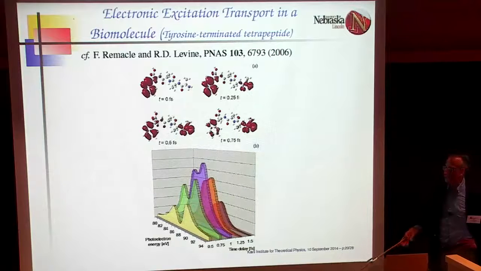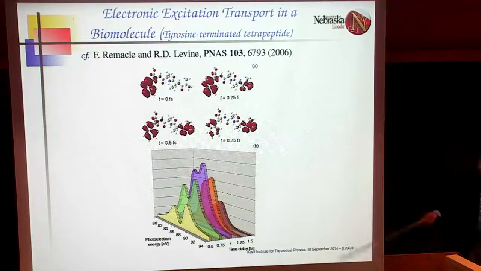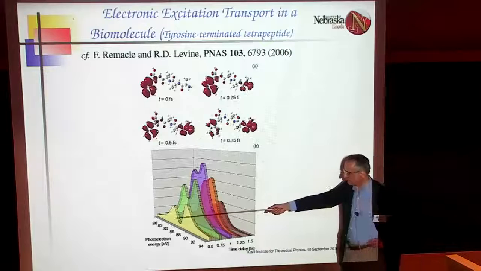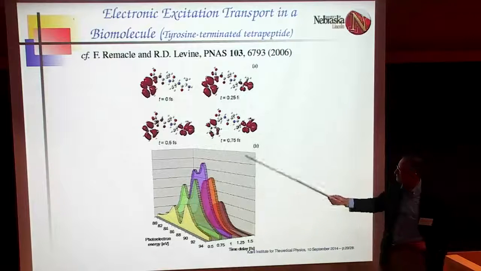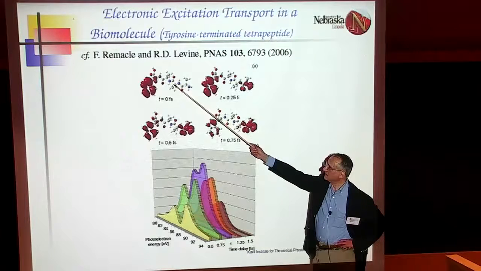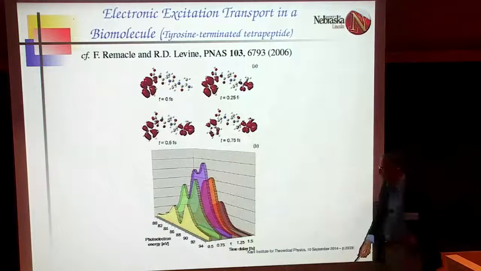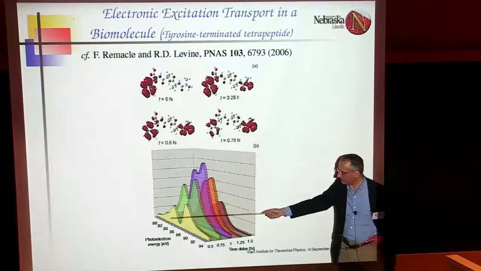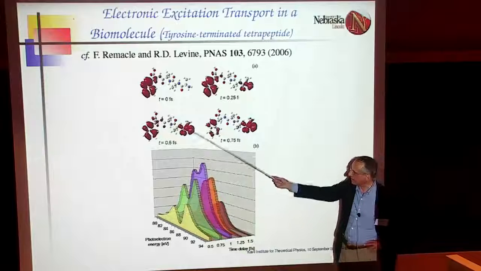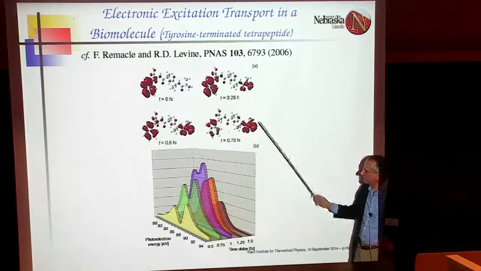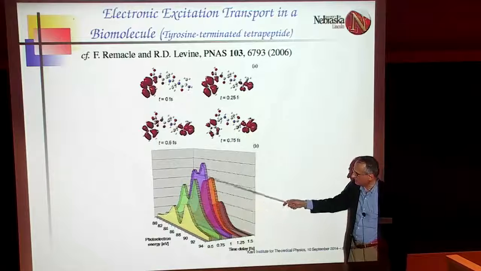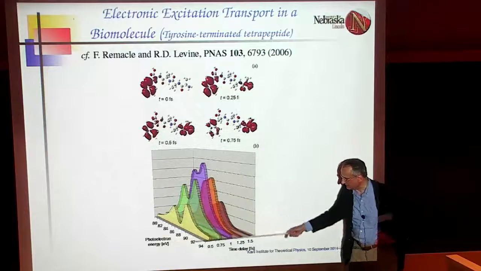So how do you image this? Well, what the theorists who are simulating this have done is that they just sent in another attosecond pulse at these different times and some later times as well, and showed that the energy spectrum of the electrons ionized from these different states is very different as time goes on.